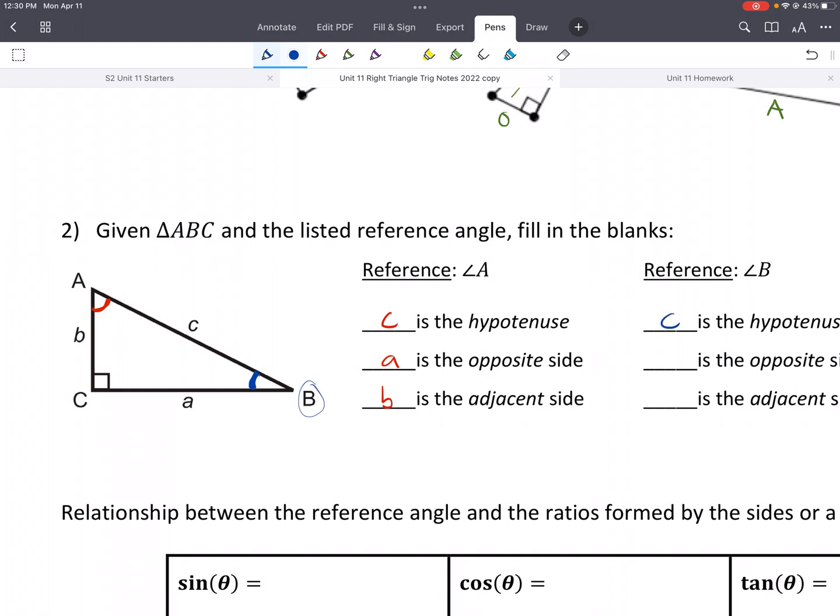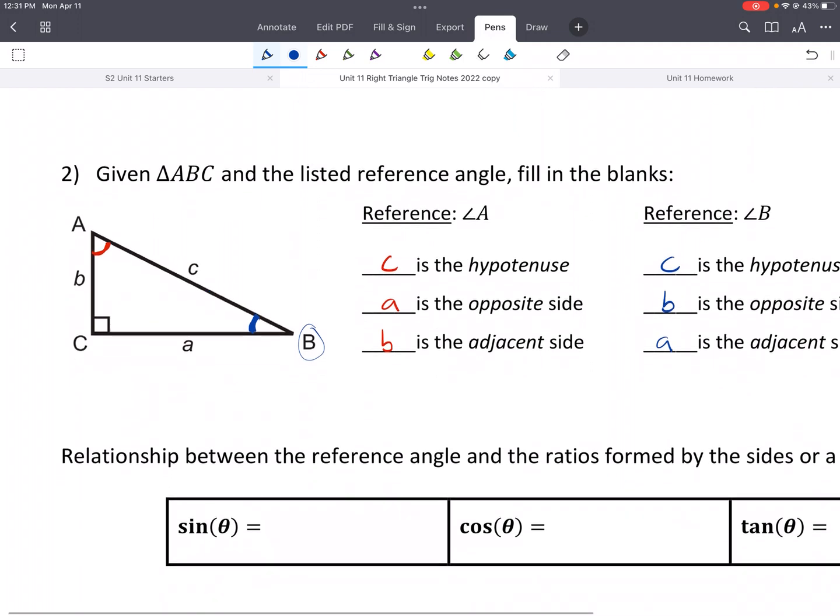The hypotenuse is always the same. But here, with the blue where I wrote down the reference angle for B, opposite here would be B, and adjacent would be A. So it's important that you realize that you can't just randomly choose which is the opposite and adjacent. It matters depending on what the reference angle is.